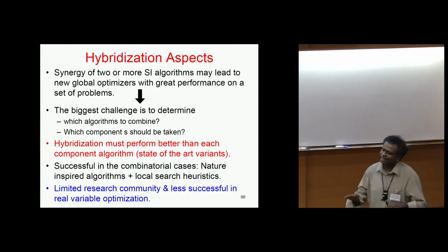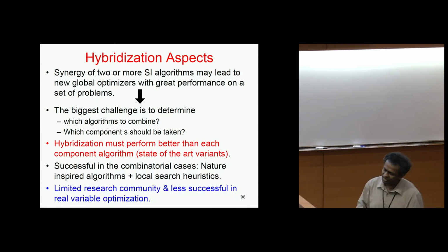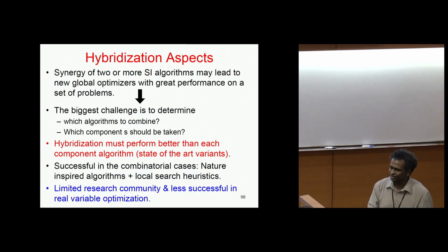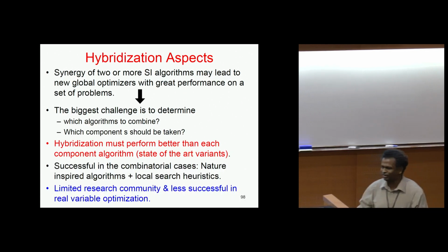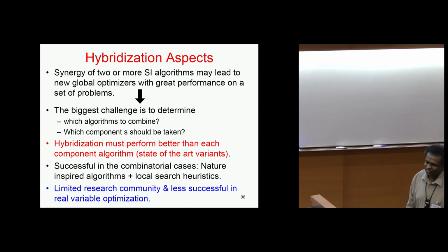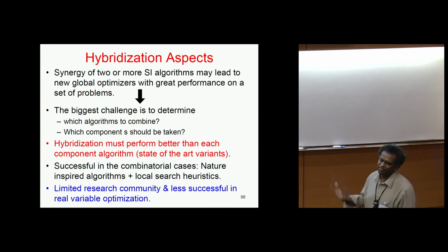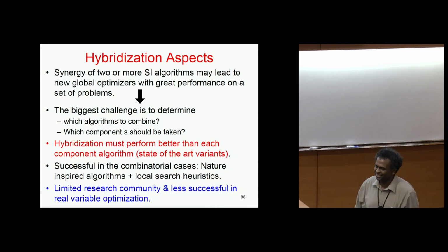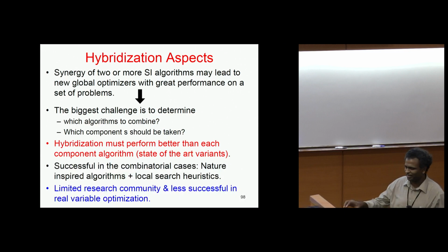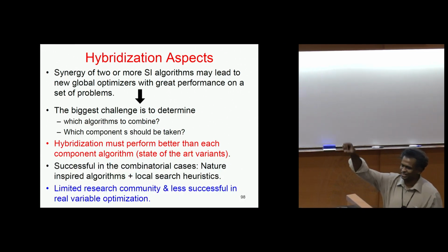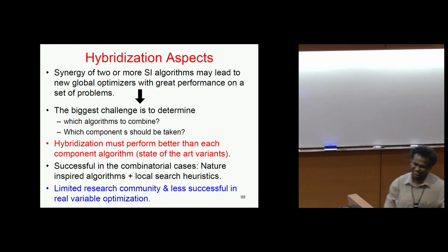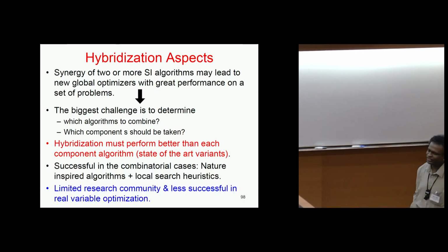We try to encourage them to tune, but as I told you, the authors' objective is to show the algorithm is better than others. So they may spend lots of time on theirs and minimal time on the competing ones. So the comparisons are usually not fair, I think. That may be the reason why we are publishing so many papers saying this method is better than all these others. Then you look at another paper, and that author will say their method is better than this one and all the others. So this kind of confusion is there.